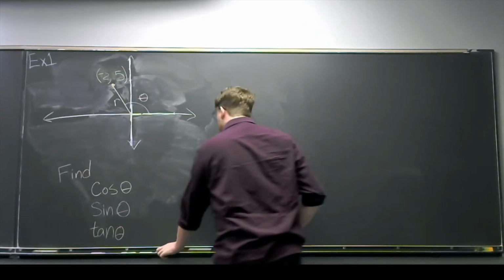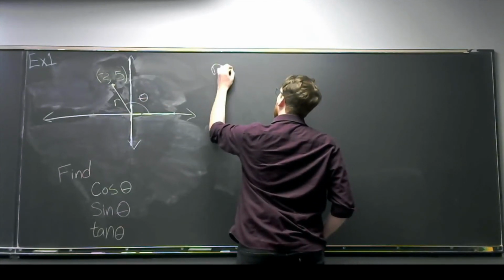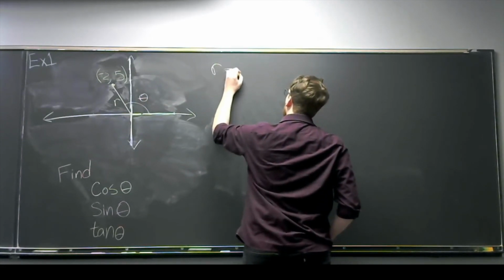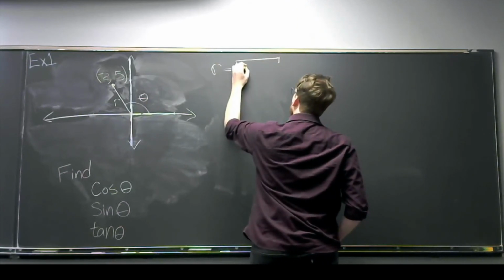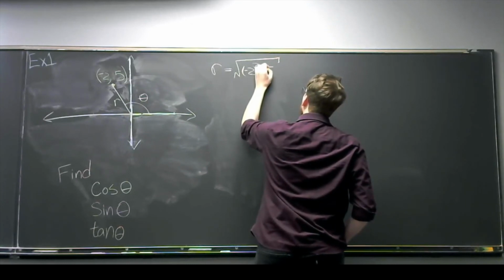All right, easy enough. We're going to take r is equal to the square root of -2 squared plus 5 squared.